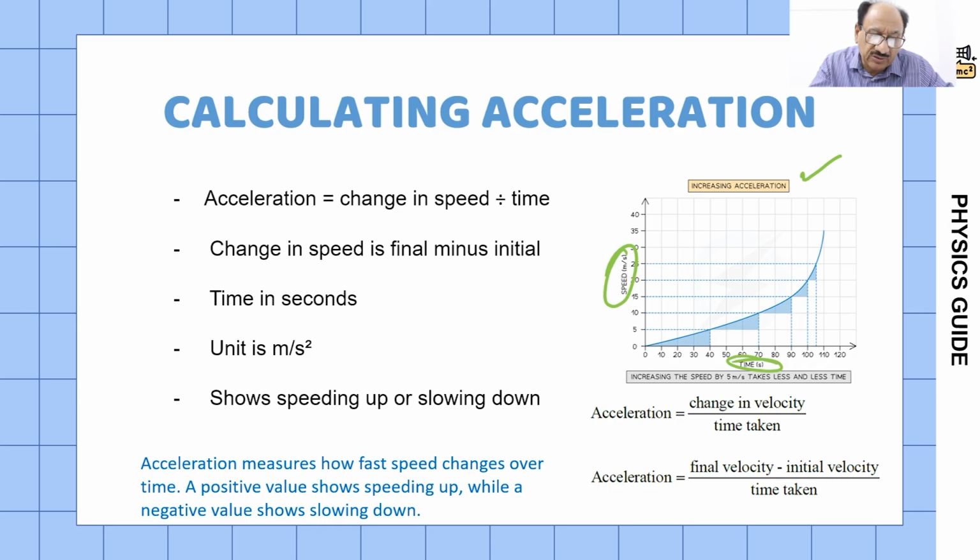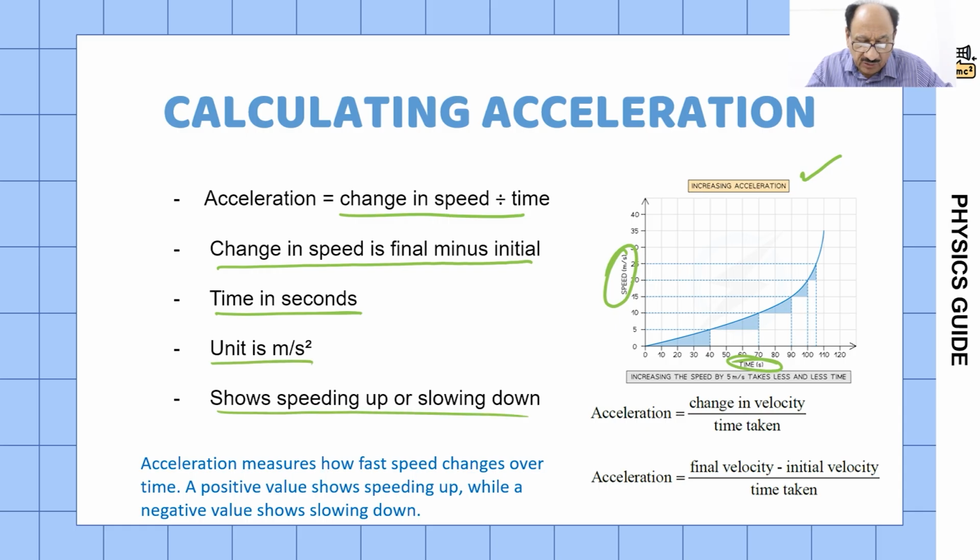So acceleration is change in speed divided by time. Change in speed is final velocity minus initial velocity, divided by time. So time is in seconds, the unit is meter per second squared, and it shows speeding up or slowing down.